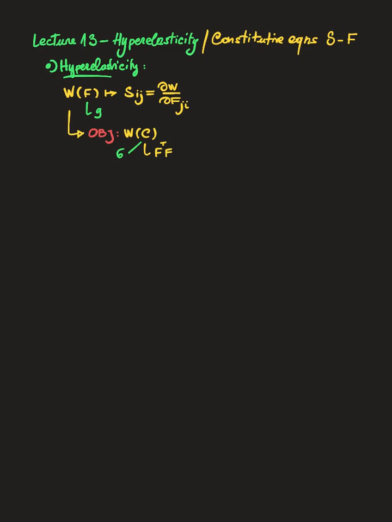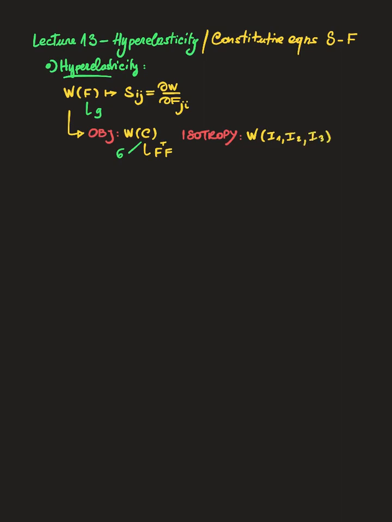There was subsequently a second simplification we did in the energy, and that was the idea of isotropy. The idea of isotropy led to a further simplification, and I will not go into the details because we already did this, including a recap in the last lecture, but essentially we arrived at the conclusion that the energy will only depend on the 3 invariants of C: I1, I2, and I3.